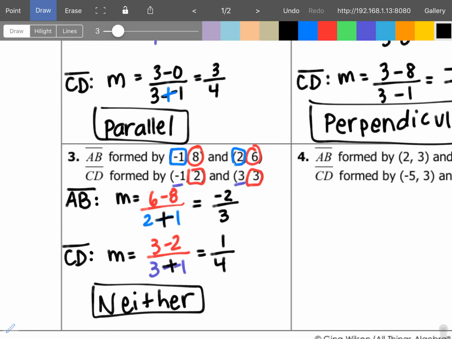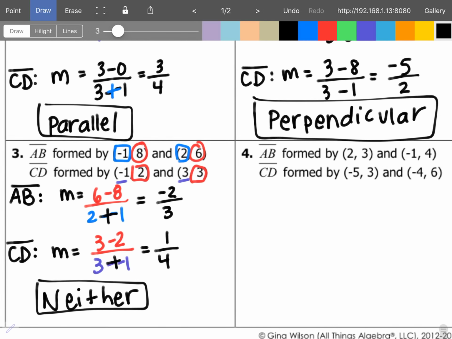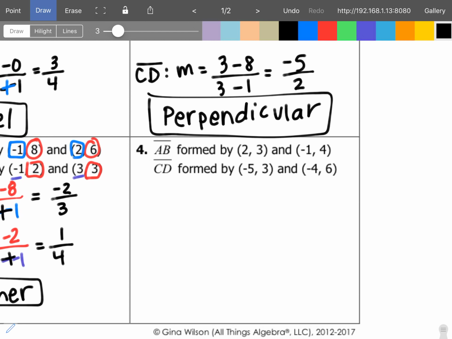Okay, I'm going to do 4, and then I want you to do 5 through 8. So let's do 4 together. Finding the slope again to see if they're parallel, perpendicular, or neither. So 4 minus 3 over negative 1 minus 2. 4 minus 3 is 1, negative 1 minus 2 is negative 3.